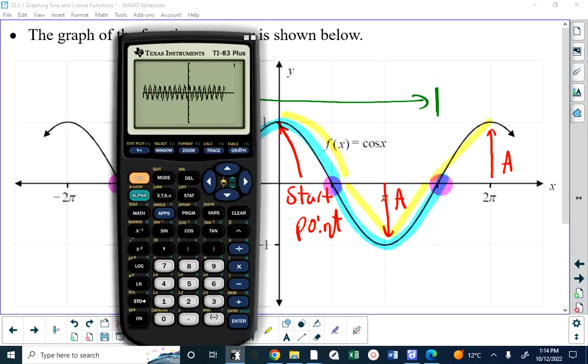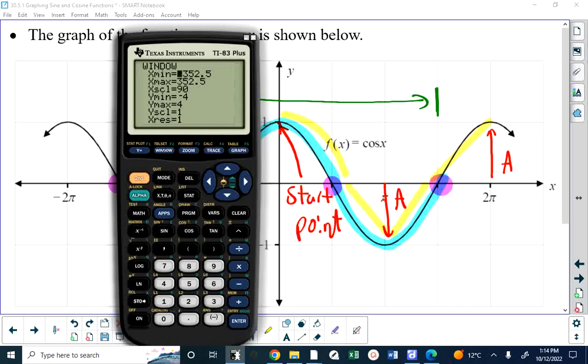Because now my calculator is compiling the data points by using radians, but when I went zoom trig in degrees, look at what it changed the window settings to. Negative 360 to 360, basically. I don't know why it doesn't actually go negative 360 to 360, but it did that.